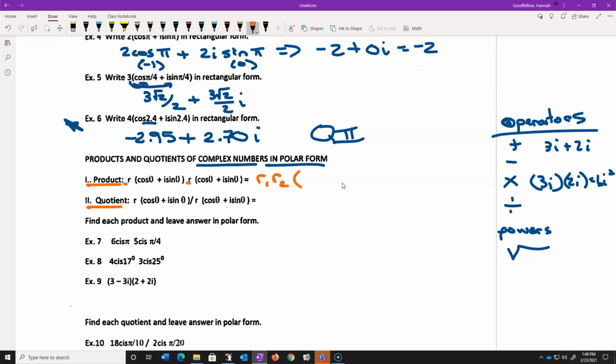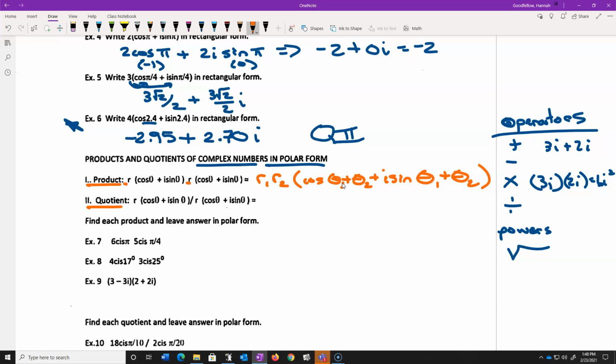But what do you do with the actual thetas on the inside? With the cosines and sines on the inside, you add the actual thetas. So in this way, it actually starts to resemble a little bit of the product rule that pertained to exponents. This would be i sine of theta 1 plus theta 2, and you add the angles together.